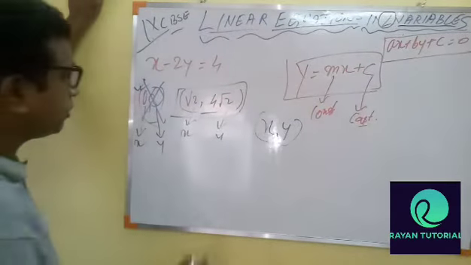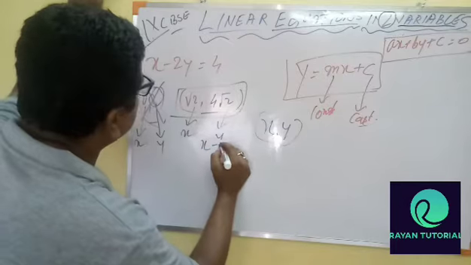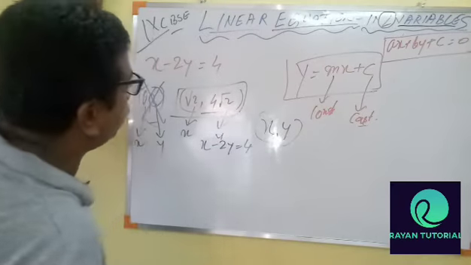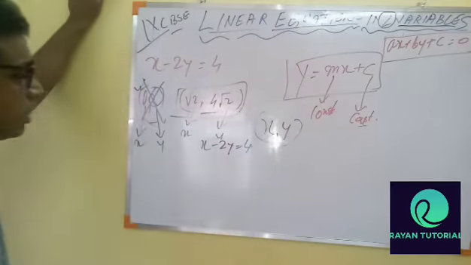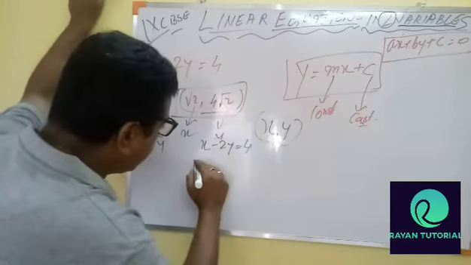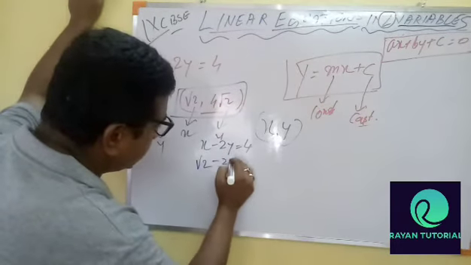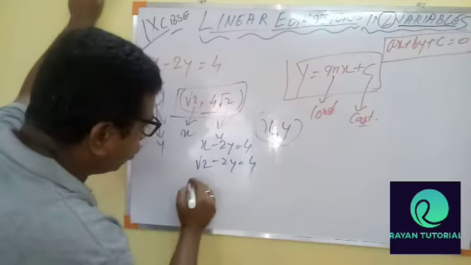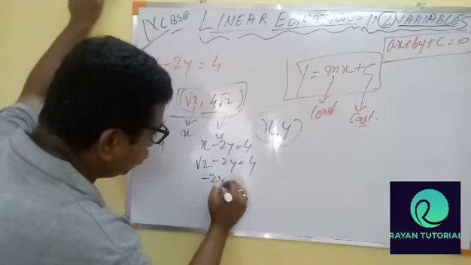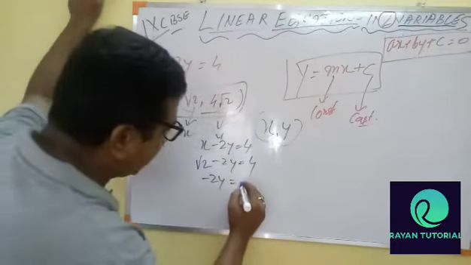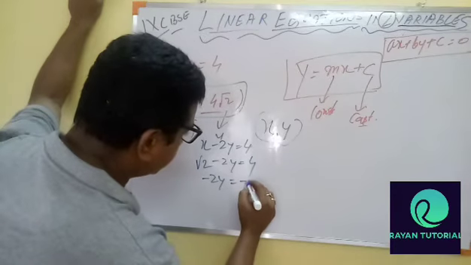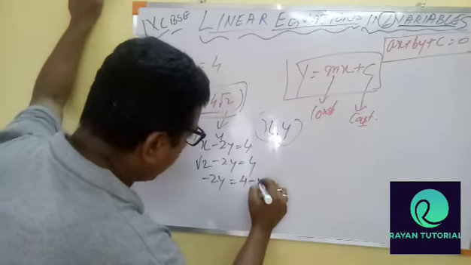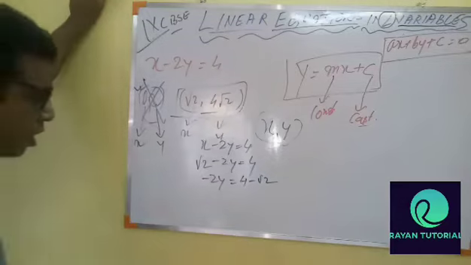Okay, let me check the second one. The equation was x minus 2y is equal to 4. x equals to, they said, root 2. Fine, put root 2. Minus 2y equals to 4 minus root 2, taking root 2 to the other side.